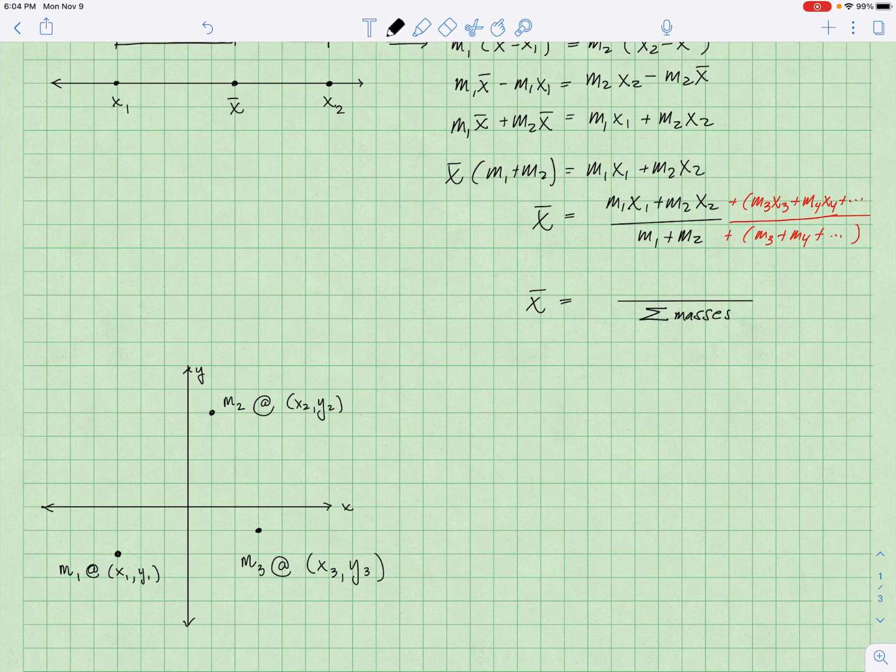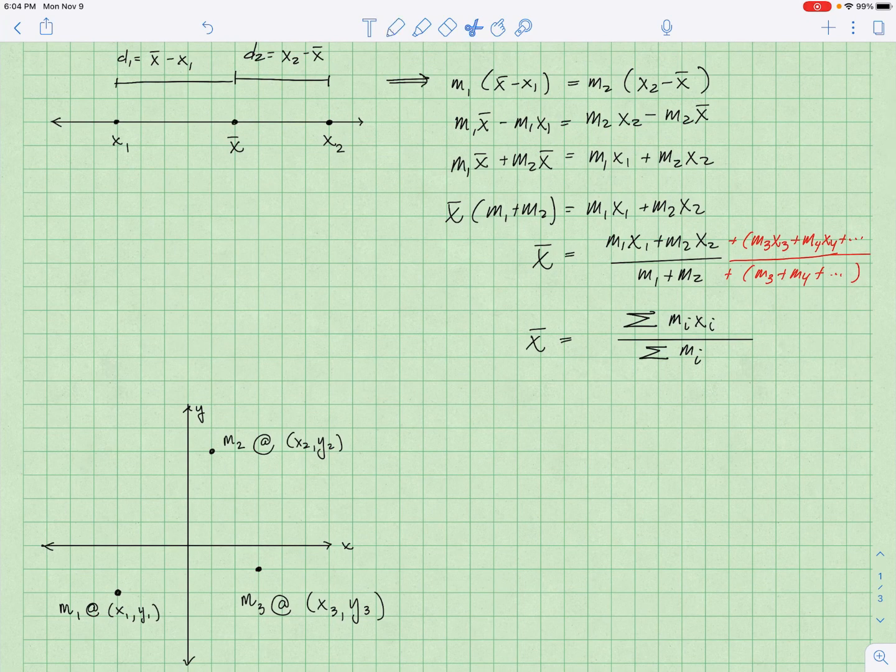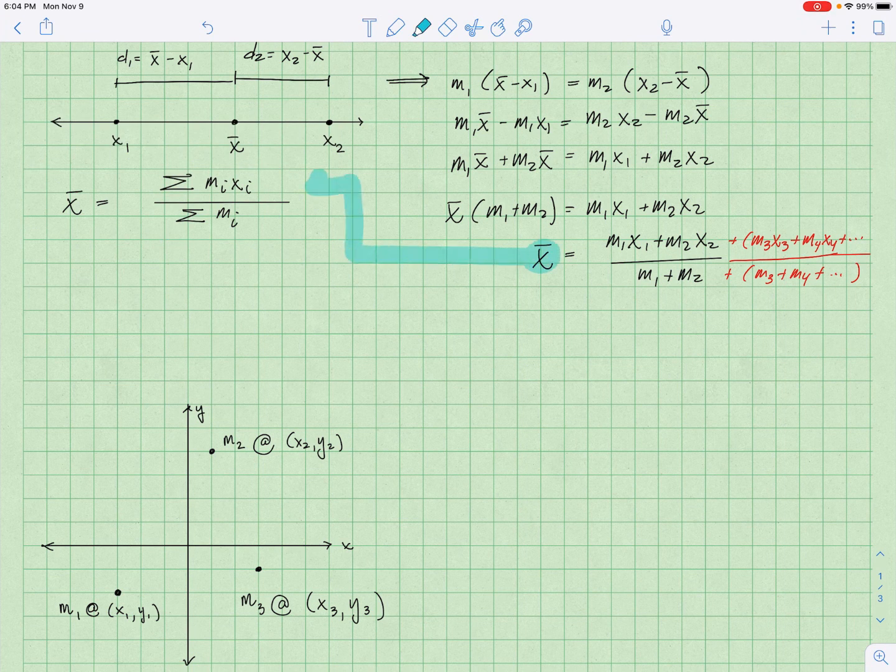And the numerator, maybe I should write that a different way. The sum of the individual masses m sub i, where the numerator is the sum of m i x i. So conceptually speaking, x bar is the sum of what?